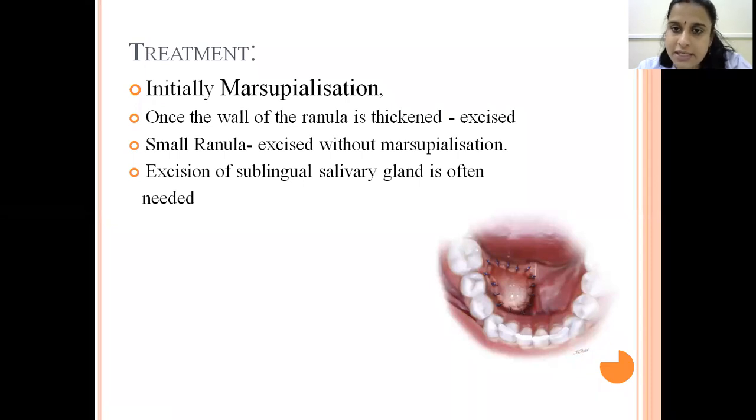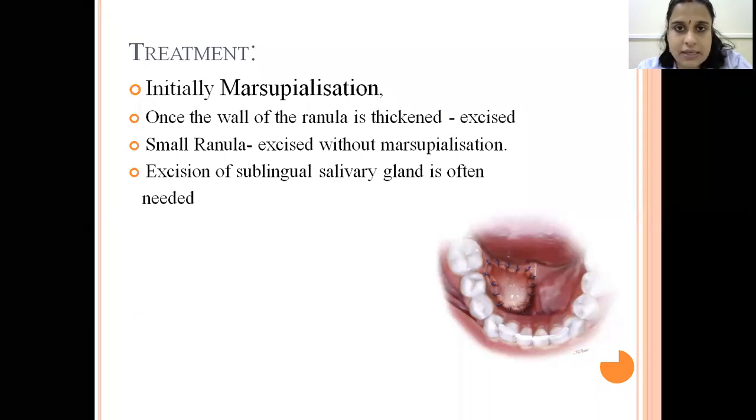by initially giving an incision on the roof, slit open the cyst and suture the edges of the cyst to the surrounding structure, surrounding layer, such that the cyst is left open for drainage continuously. There is no more accumulation and retention. So initially it has to be marsupialized until the contents are all cleared off.